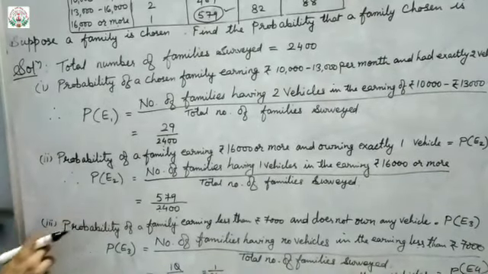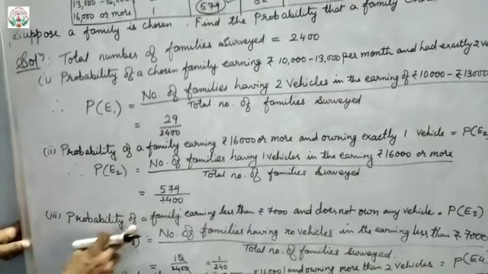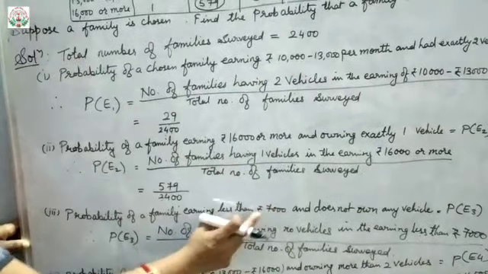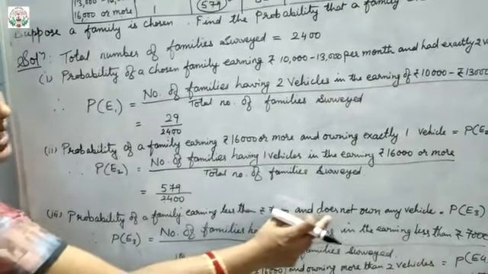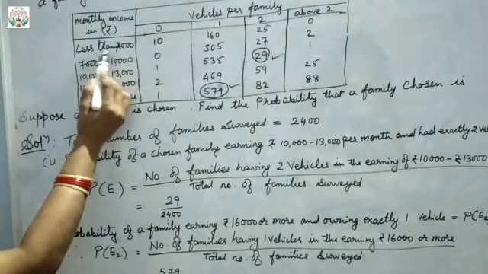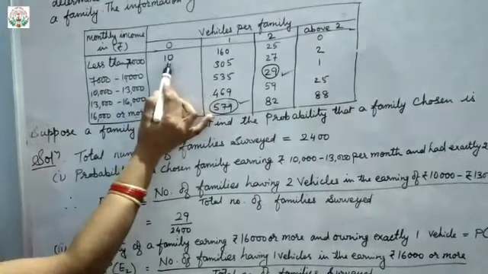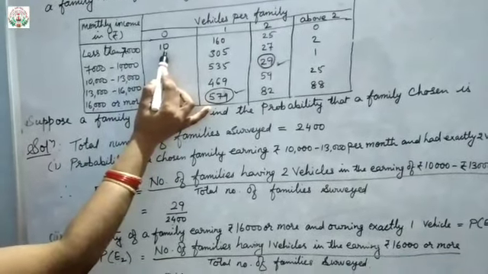Now the third part of the question is the probability of a family earning less than 7,000 and not owning any vehicle, meaning zero vehicles. In the table you see less than 7,000 and zero vehicles. How many families are there? 10.